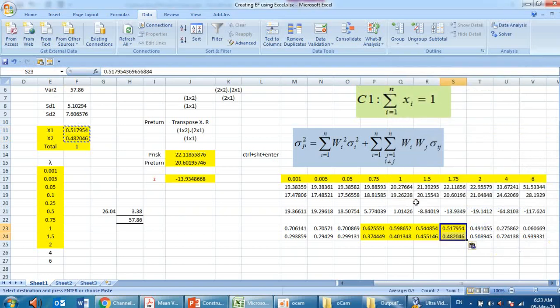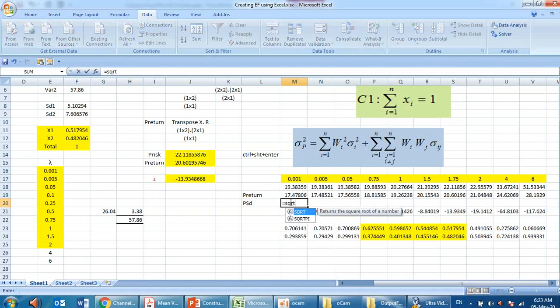So we've got a lot of figures now. So this is the portfolio, sorry, this is the return we need. Portfolio return and portfolio standard deviation is important. So I take the square root of this.